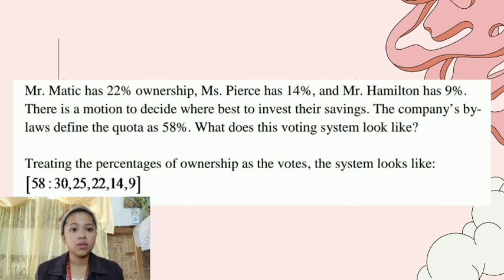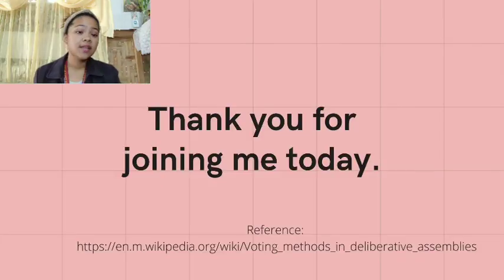So this is going to be added again. 30 plus 25 plus 22 plus 14 plus 9 equals 100. Now half of 100 is 50. Since the quota is 58 and 58 is more than 50 and less than 100, the system is valid. And that would be all. Thank you.